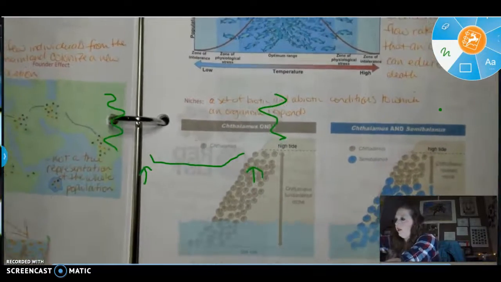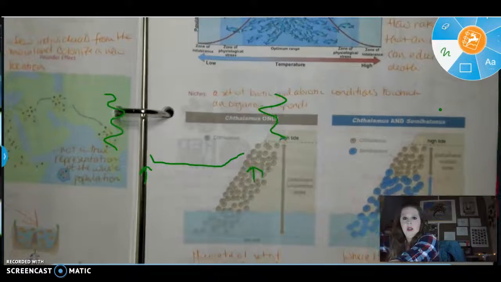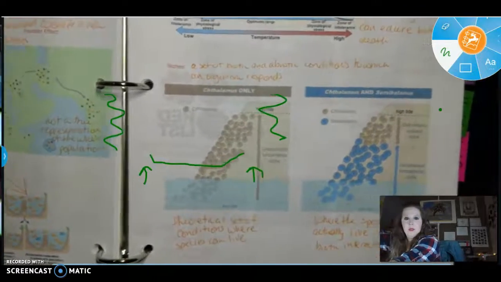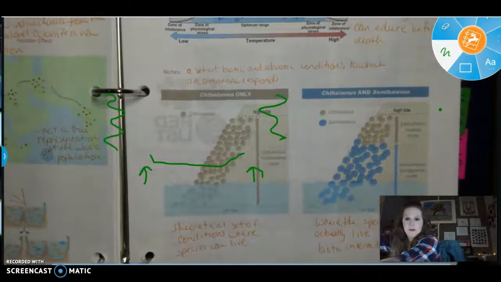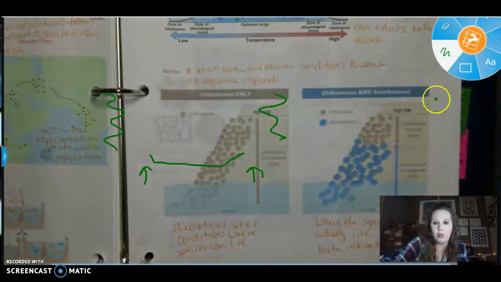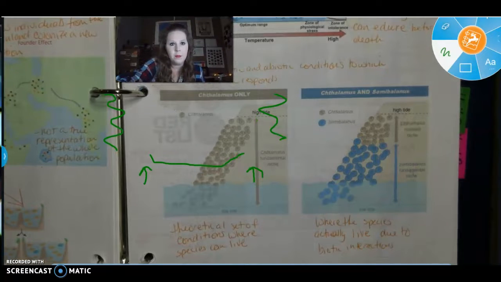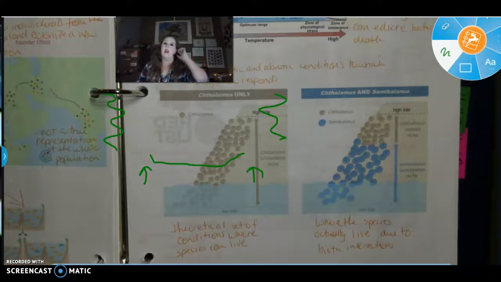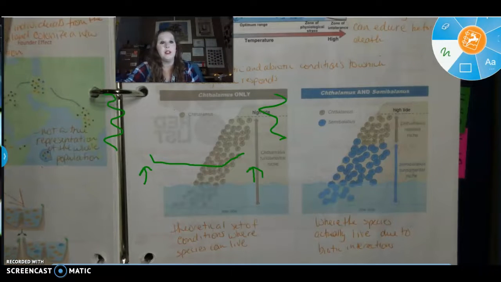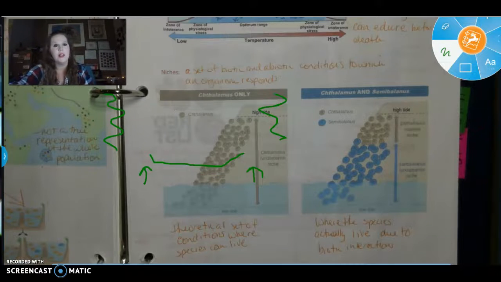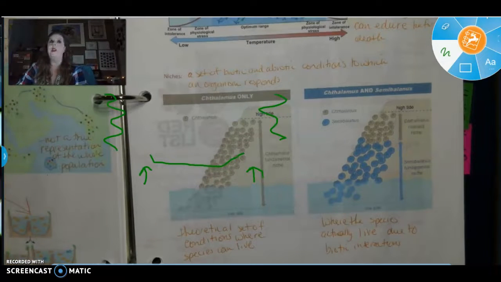Okay, so this is what we call niches. Now with niches, a niche is basically what we refer to as the organism's role that it plays in the environment. It's the conditions where it functions best.